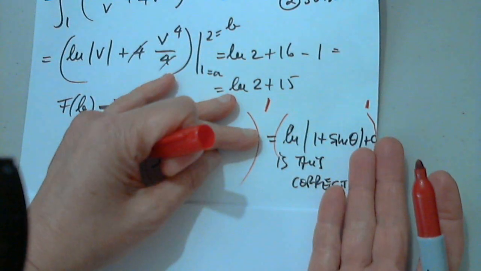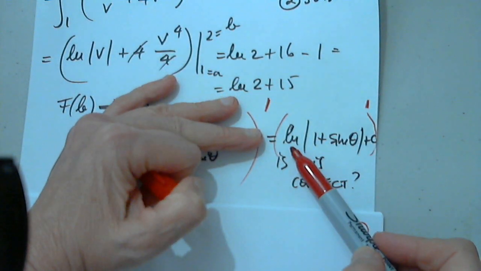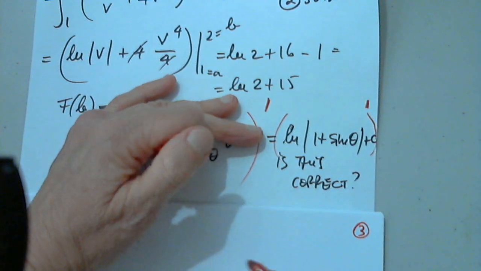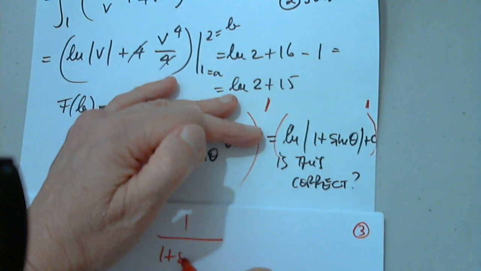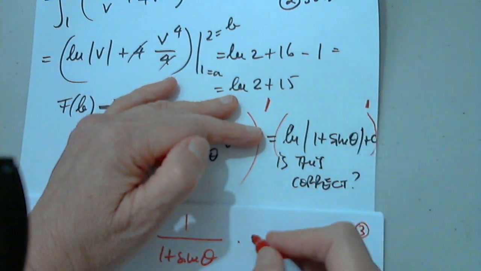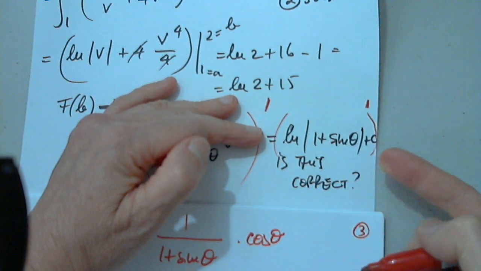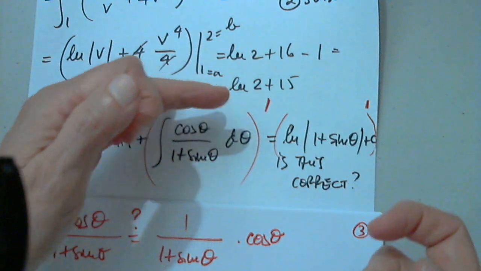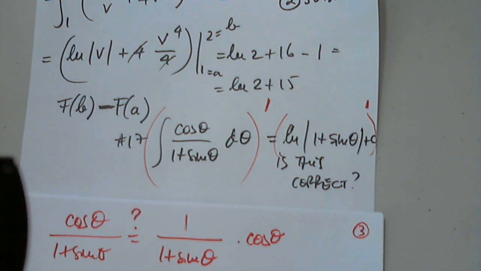Now here, when I differentiate natural log of 1 plus sine theta, I have 1 over 1 plus sine theta times the inner function prime, which is cosine theta, plus c prime, which is 0.